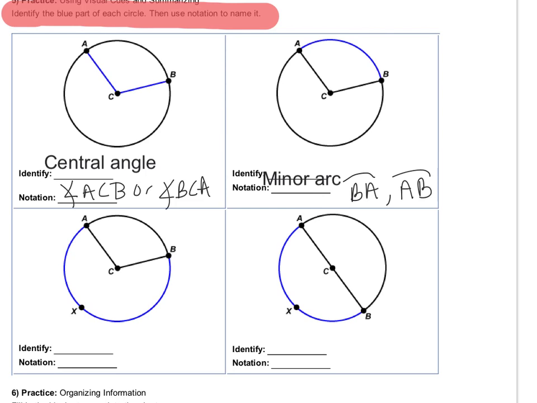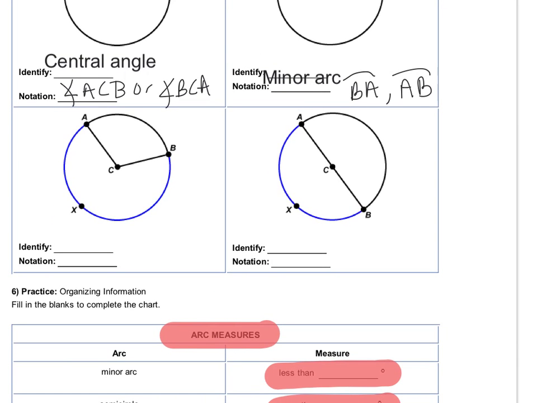Okay, so our next image right below is going to be a major arc. Called a major arc because it's greater than 180 degrees. And in notation, we would either call it arc AXB with a little arc above it, or BXA.